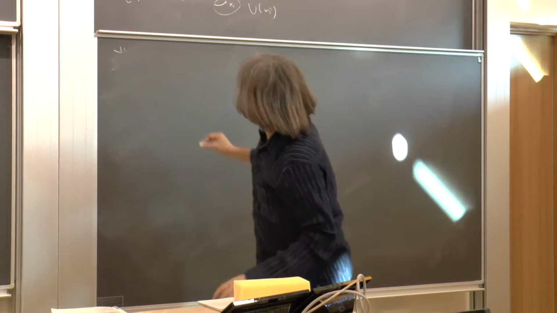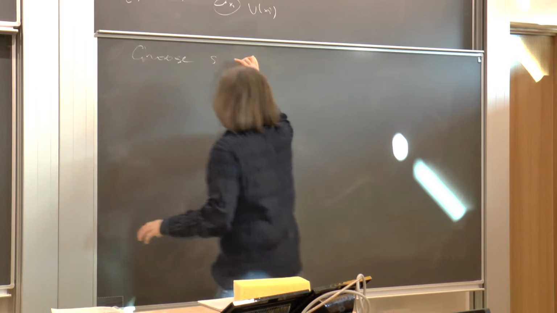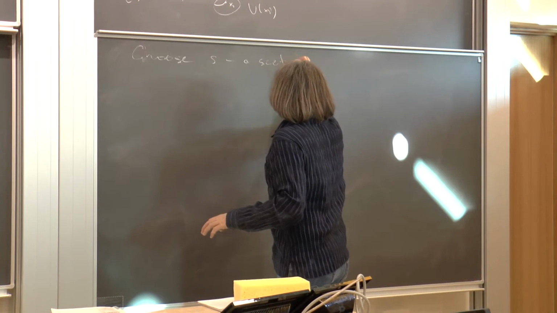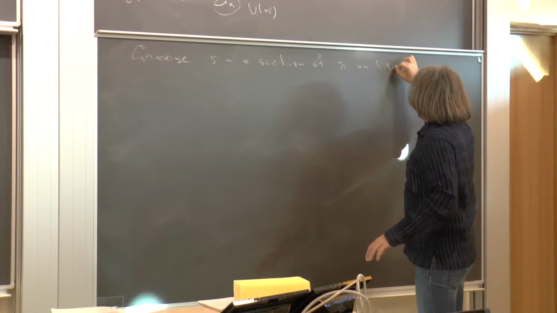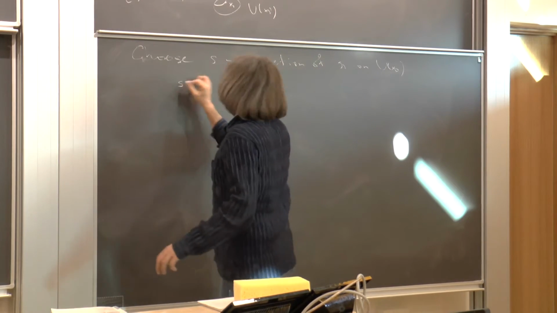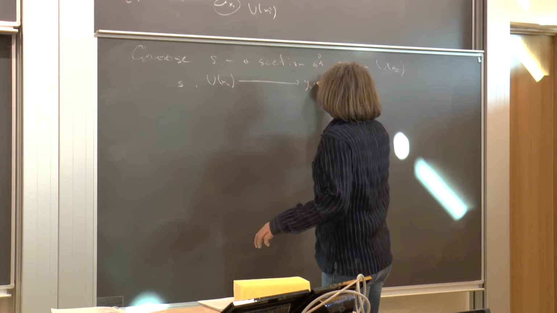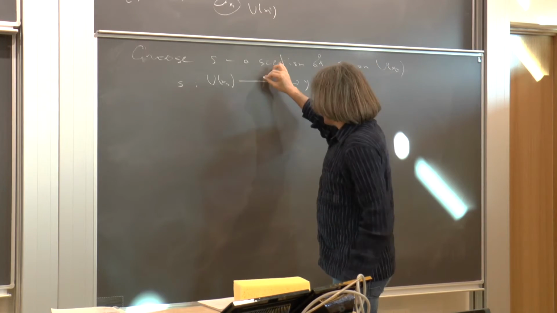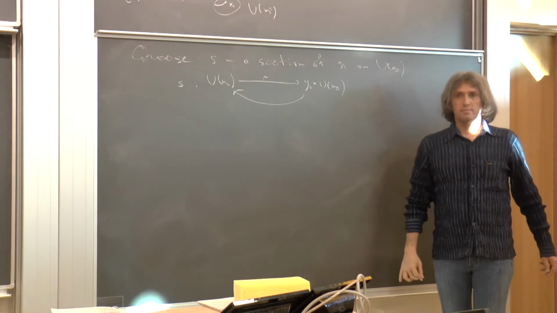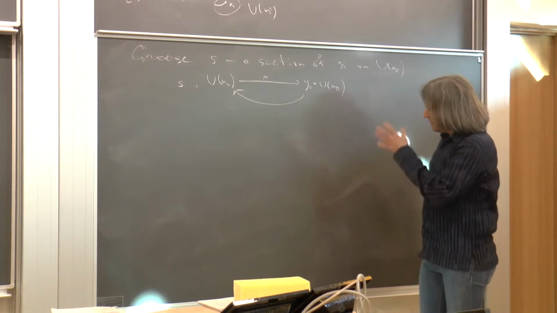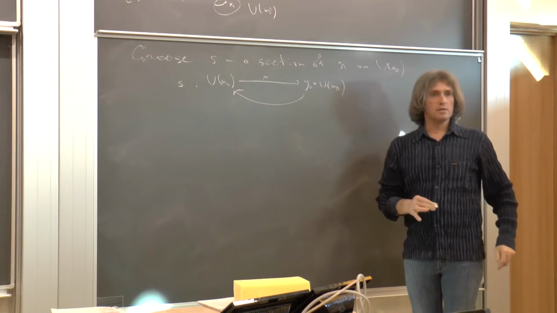So choose S, a section of phi on U of x naught. So S goes from U of x naught to y naught times U of x naught. Phi goes there, and S is just its inverse. By definition, this piece and this piece were homeomorphic. There's an inverse. So I chose it.